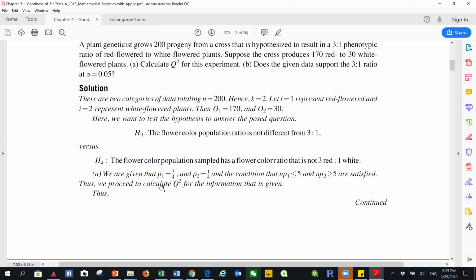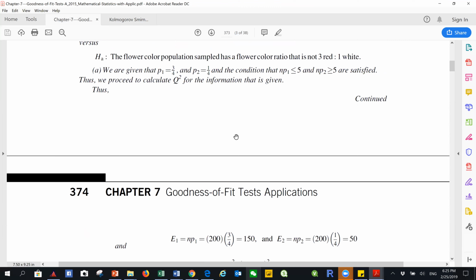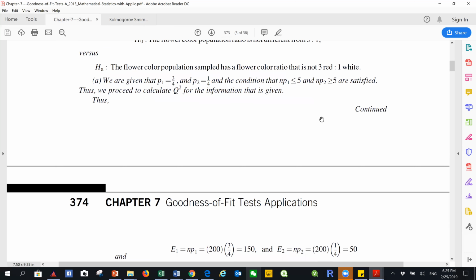Obviously the conditions are satisfied. This condition matters because, as I mentioned, the underlying assumption for chi-square is that the data are from normal distributions, and this is to make sure the data is not too skewed.